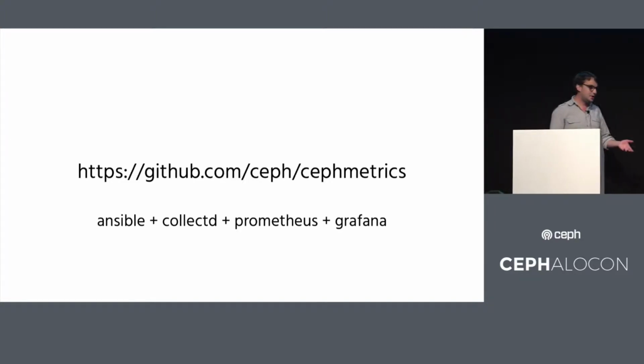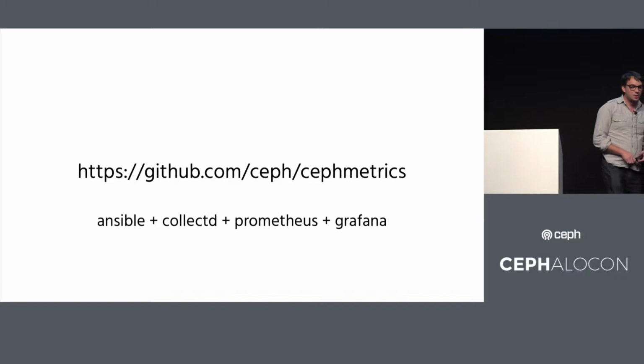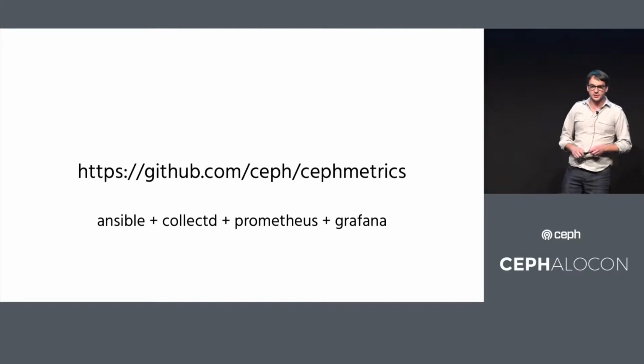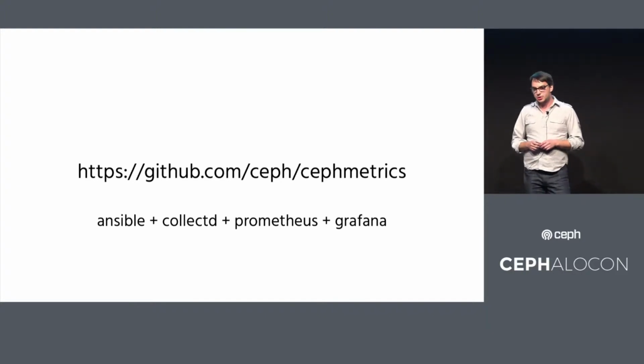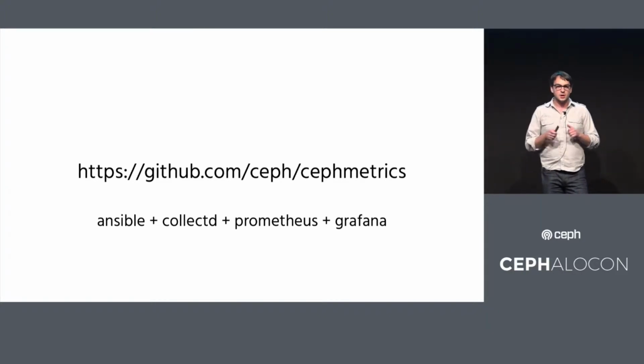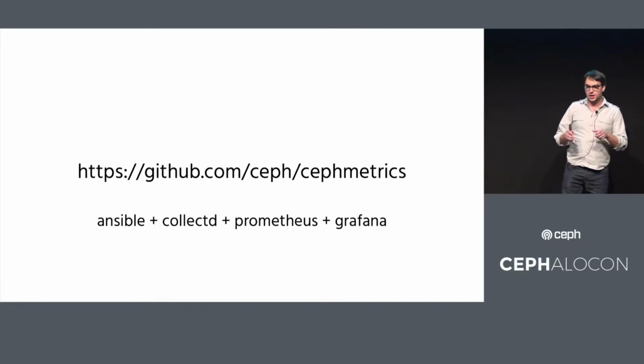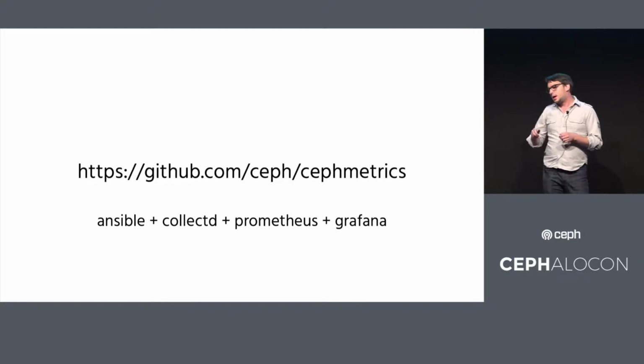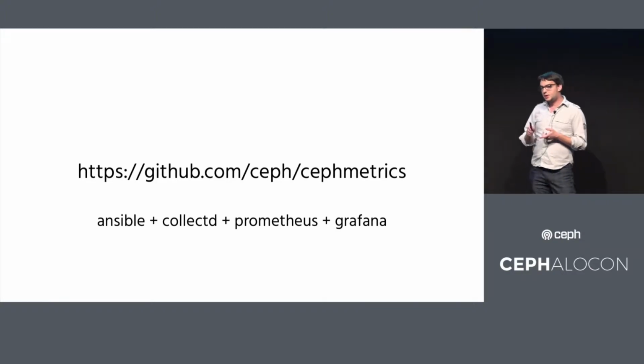If you don't have a metric stack, or even if you have one, you should look at the Ceph Metrics project. It's a really nice project by the community, which integrates collectd and Python modules to collect the data on your nodes, Prometheus to store them, and of course Grafana to consult and build dashboards.